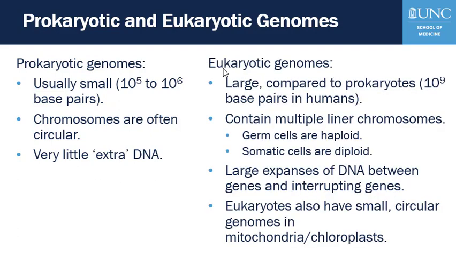Now let's contrast that with the typical eukaryotic genome. So eukaryotes, even single-cell eukaryotes, have much larger genomes than prokaryotes. The human genome contains about 10 to the 9th base pairs. In eukaryotes, instead of having a single circular chromosome, the cells contain DNA that's organized into multiple linear chromosomes.